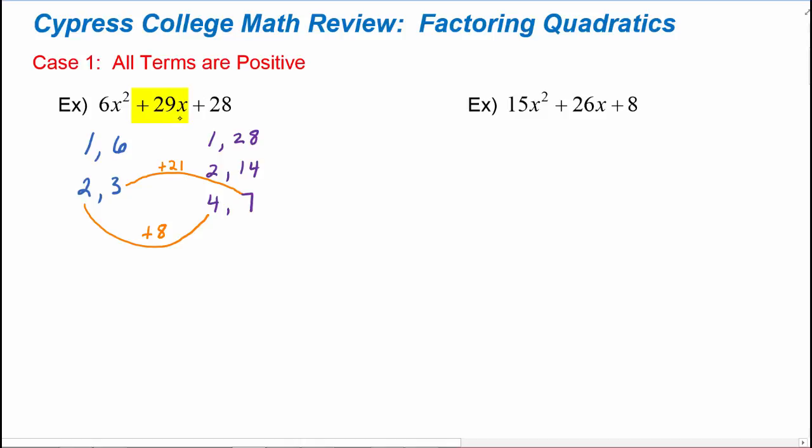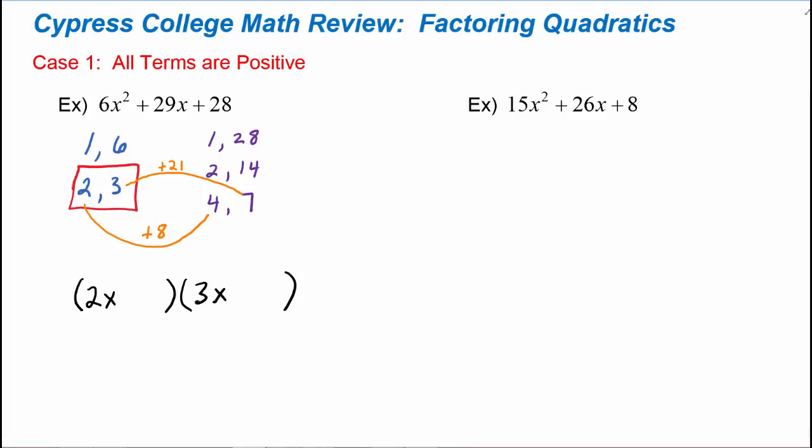So now here's how you get your factors from this. The 2 and the 3 tell you the coefficients of the x term in each factor. So we come down here, we make our parentheses, and we put 2x and 3x. And again, that comes from those first two factors right there.